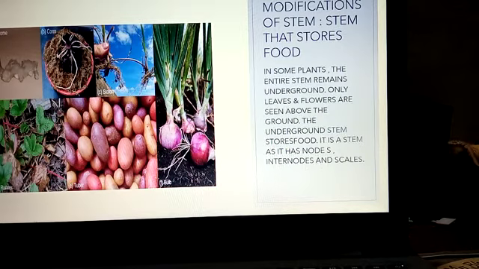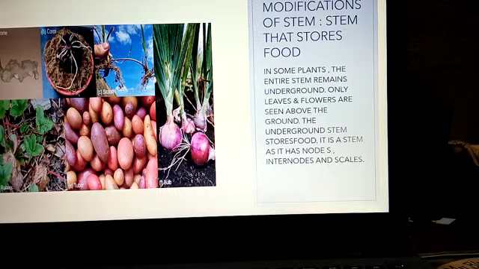The underground stem stores the food, and it has nodes, internodes and scales. You can see the scales clearly on a potato, children, especially one directly brought from the ground.